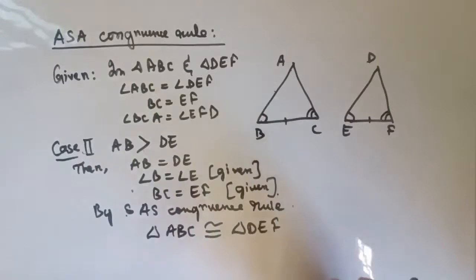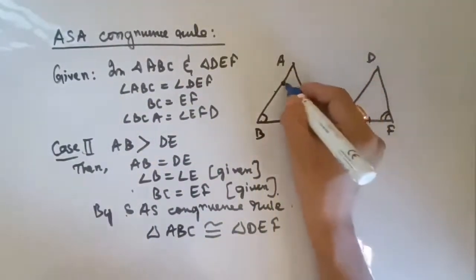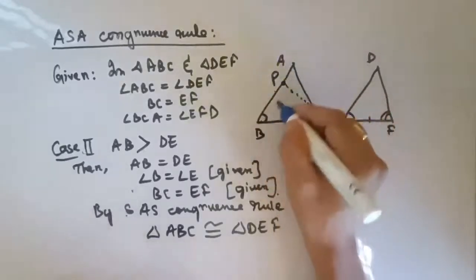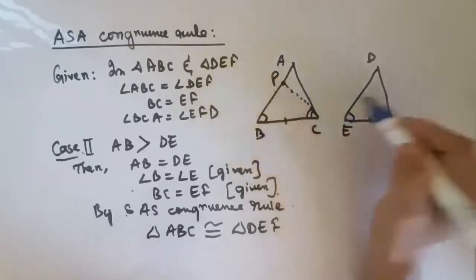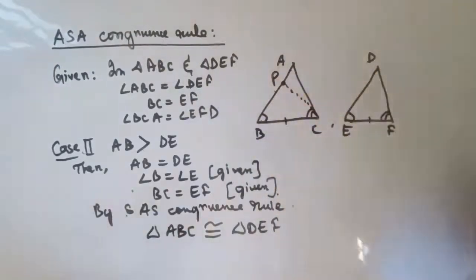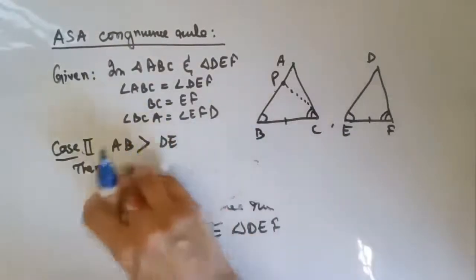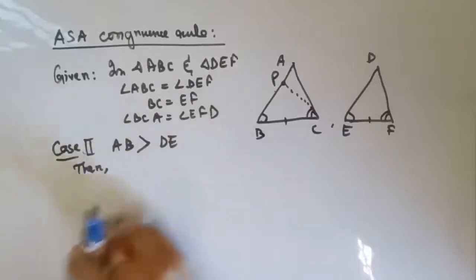In this case, if we take a point P on AB such that PB is equal to DE. So now let us try to prove that the triangle ABC is congruent to triangle DEF.